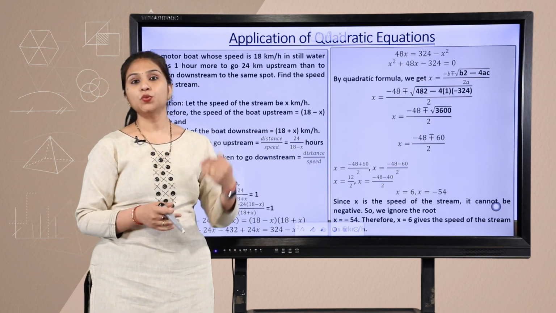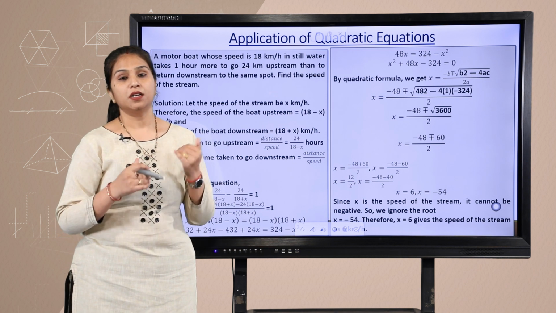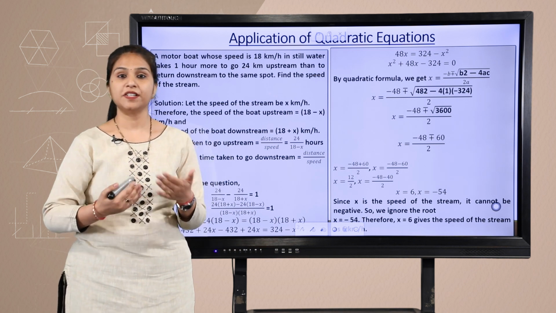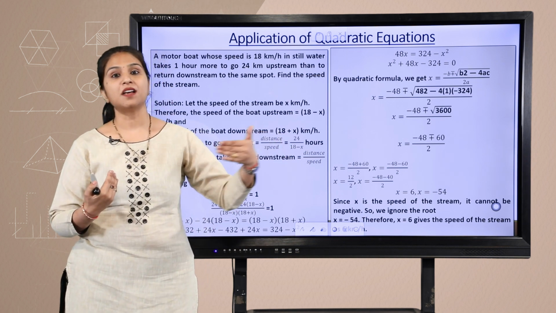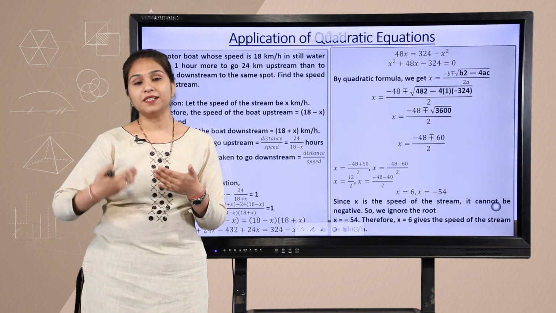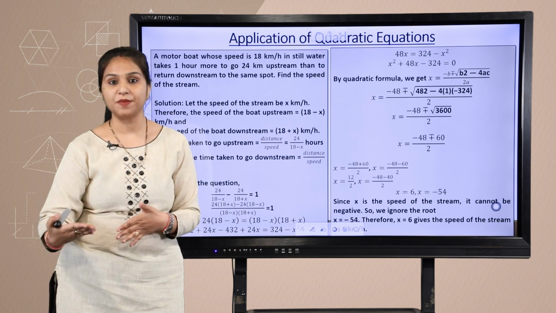Suppose you are in a boat and you are rowing it, and the direction is either upstream or downstream. Upstream means the flow of the stream is opposite to you, and in case of downstream, the direction of the boat and the direction of the flow of the river are in the same direction.